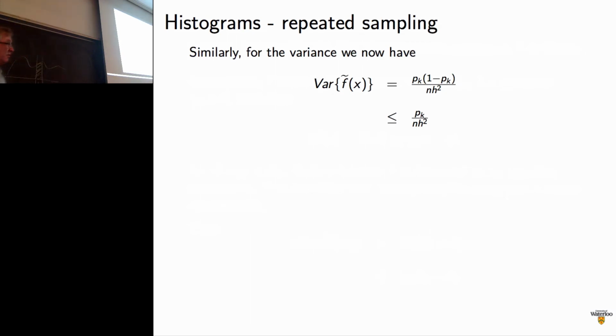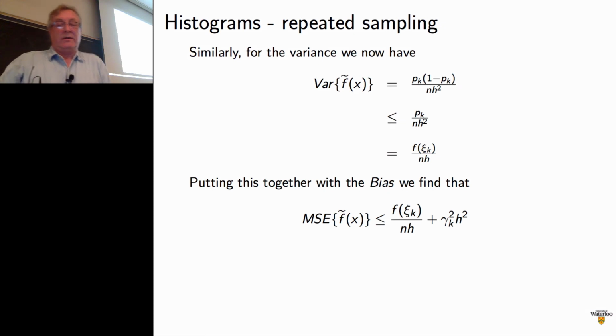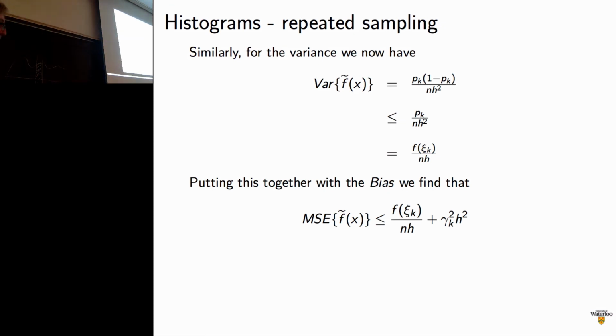That's a number less than 1, so if I replace 1 minus pk by 1, I've got something bigger than that. And we know from the mean value theorem that that's equal to f psi k over nh. Putting this together with the bias means that our mean squared error looks like that. It's bounded by that amount.